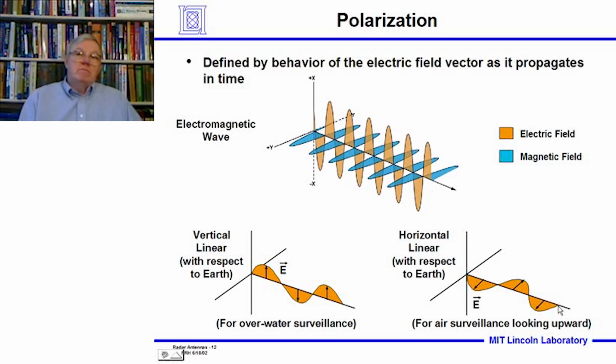Okay? Now you can remember when we talked in the first lecture, and in the lecture on cross-section, that the cross-section and the reflections that we get depend on the orientation of the electric field vector.